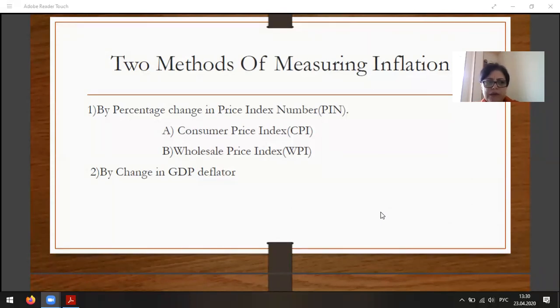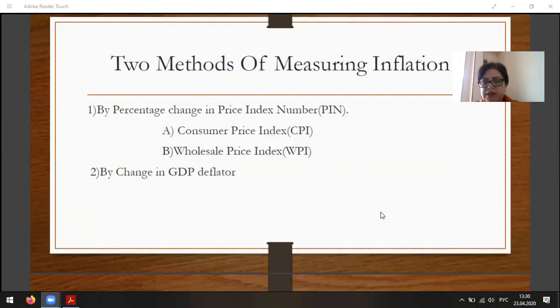As I mentioned in my previous lesson, we can do this by using price indexes. I would like to remind you that normally the inflation rate is the ratio of the difference between the price index for the current year and the price index for the base year, divided by the price index of the base year, and the ratio we have to multiply by 100%.